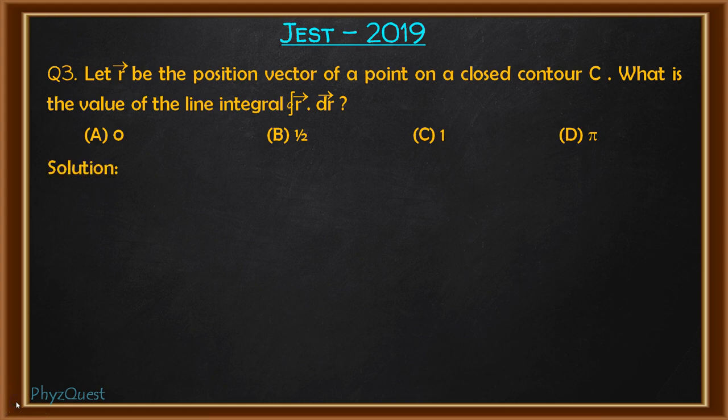So here r is the position vector of a point on a closed contour C. We need to find out the line integral of r dot dr. Now when we deal with the line integral of any vector field over any closed contour, we can use Stokes theorem. According to Stokes theorem, the line integral of any vector is equal to the surface integral of the curl of the vector field over the surface enclosed by the closed contour.